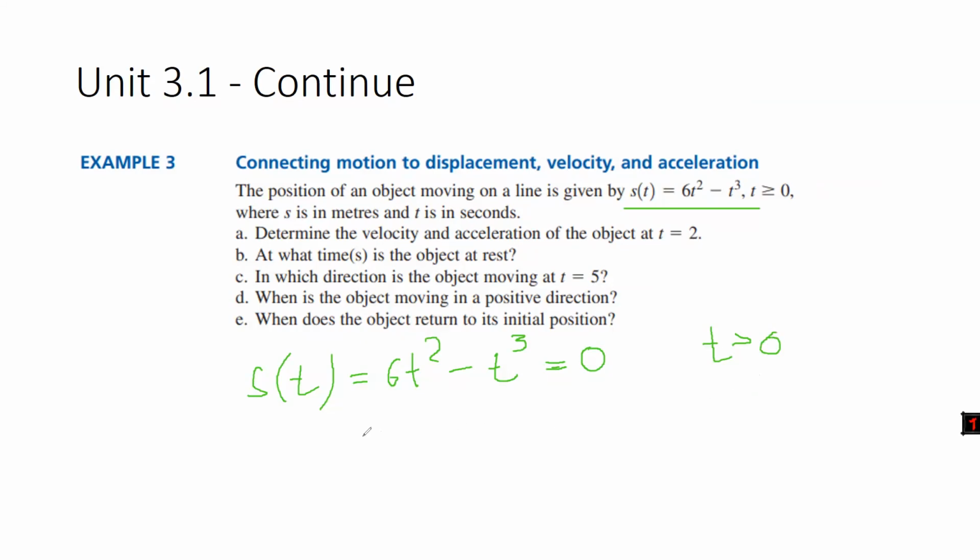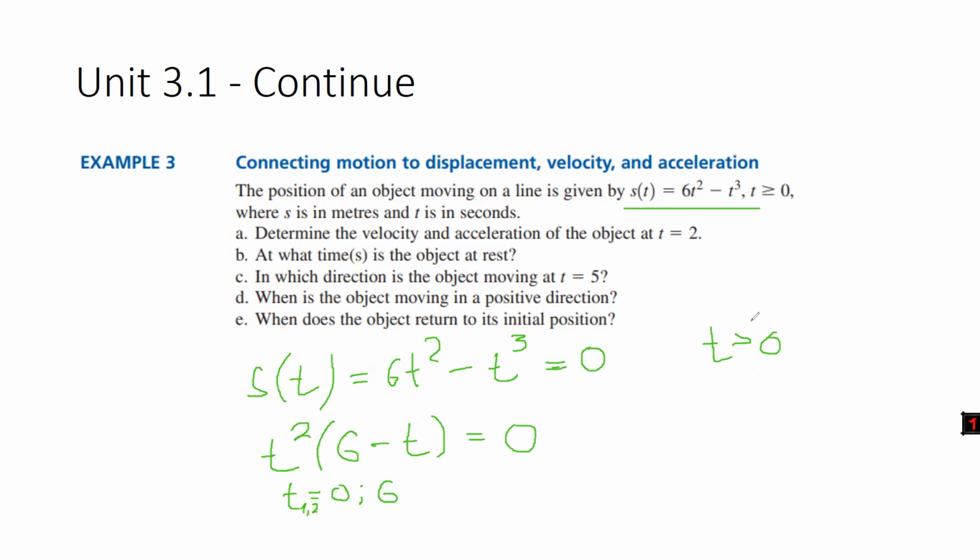Now I would solve this in a similar way. I would factorize it. The greatest common factor here is t squared. And now we have two solutions again: t equals 0 or t equals 6.